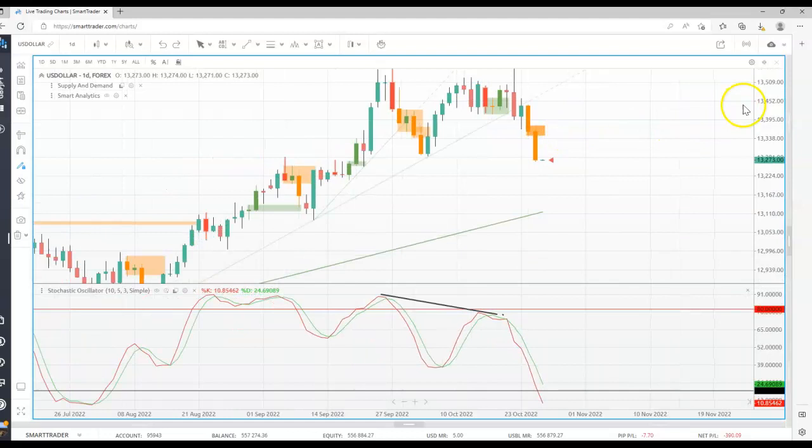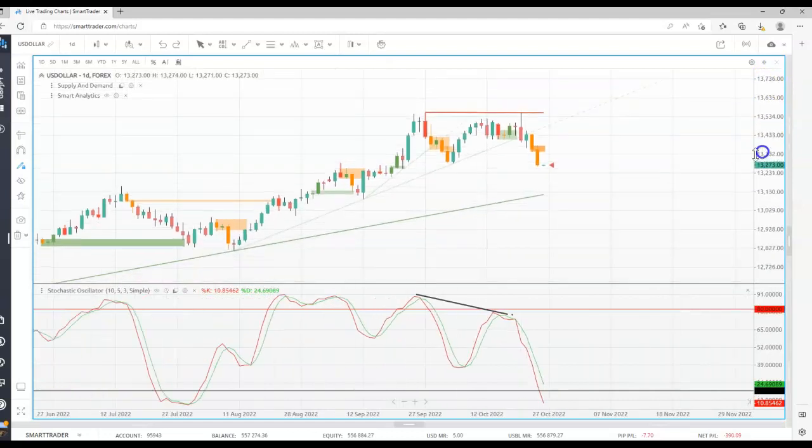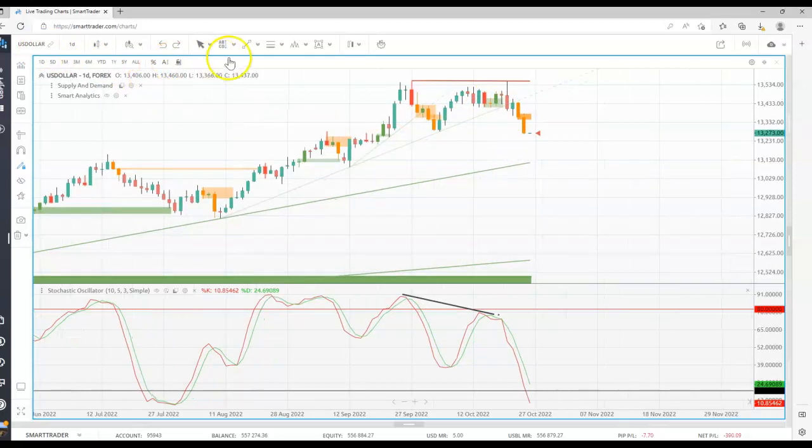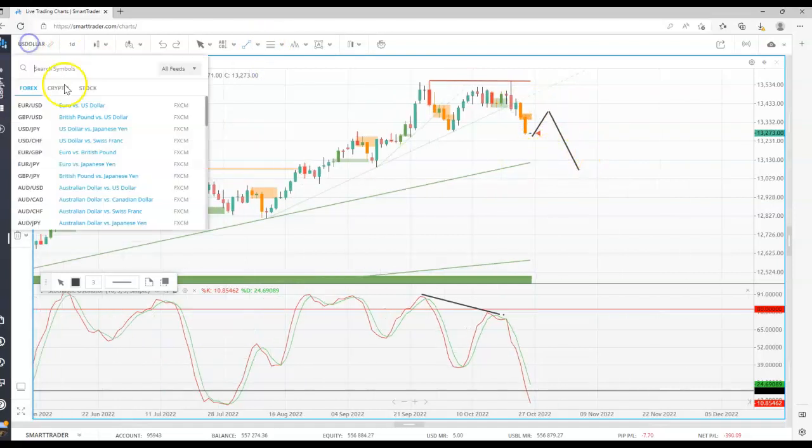Okay, what we care about is a continuing sell-off on USD dollar on a daily chart and waiting for price to find support, go back up, look for a sell opportunity using our Fibonacci tools, and then take it down lower.